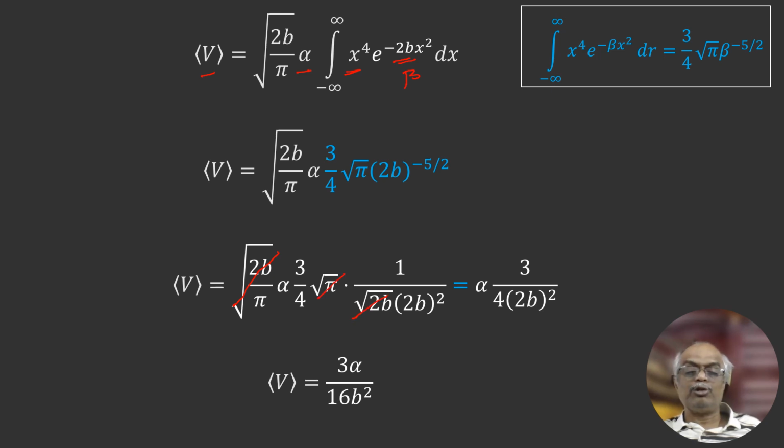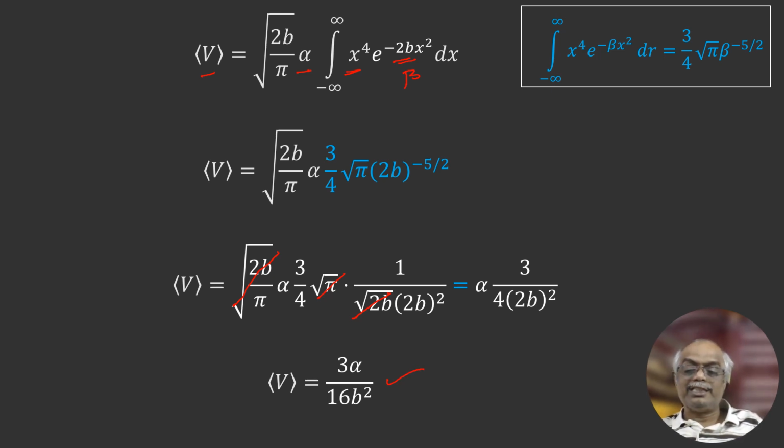This square root of 2p will cancel. So we will get alpha in the numerator. We will get 3 alpha. In the denominator 4 into 2p whole squared. So 2p whole squared is 2 squared is 4 and p squared, 4p squared. So this will become 3 alpha divided by 16p squared. This is the expectation value of the potential energy.